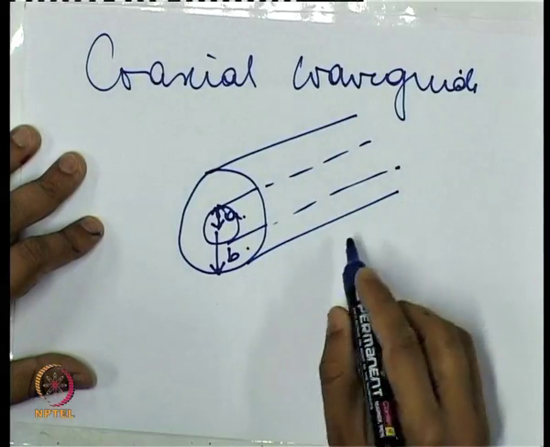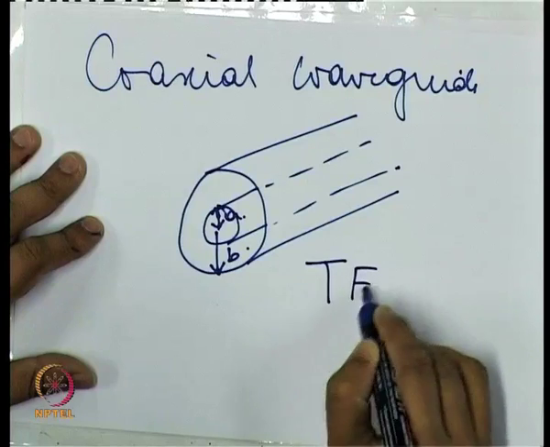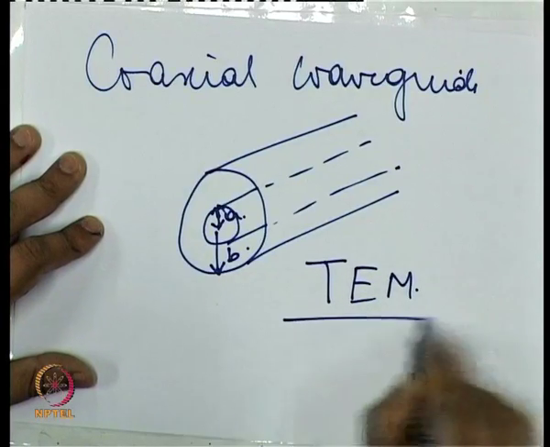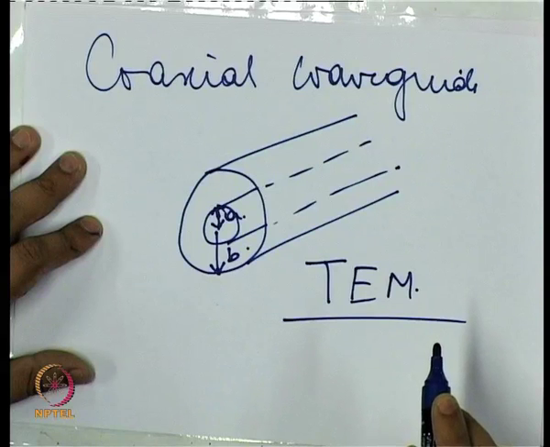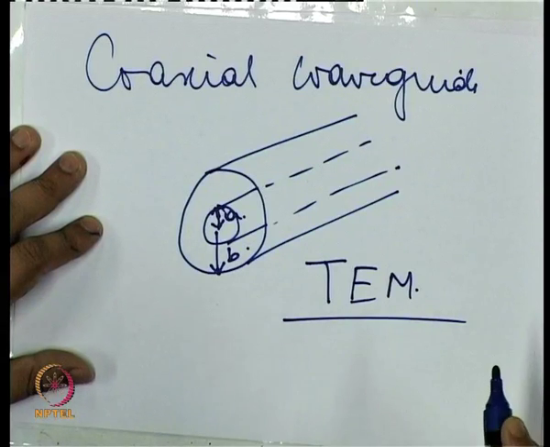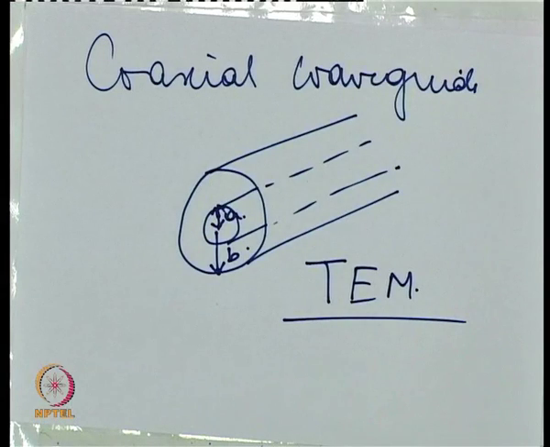And since it has two conductors, TEM mode is the primary means of propagation.